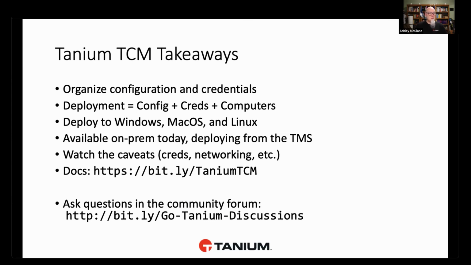And then finally, just watch out for those caveats of making sure you've got a securely managed credential. Obviously, we're going to encrypt that on the Tanium server a couple different ways to make sure that it's safe there, but you want to manage the credential that you're using there. Look out for the networking, look out for AV, all those usual suspects that interrupt automation at scale like this.